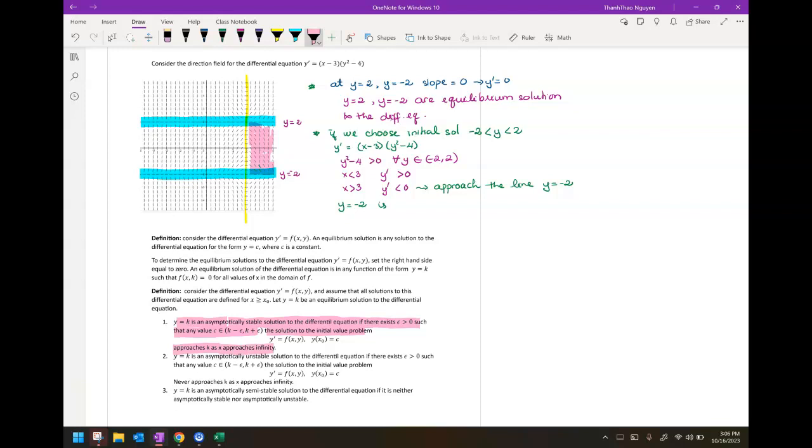So at x greater than 3, the slope is approaching the line y equals -2. So y equals -2 is deemed to be an asymptotically stable solution. Okay.